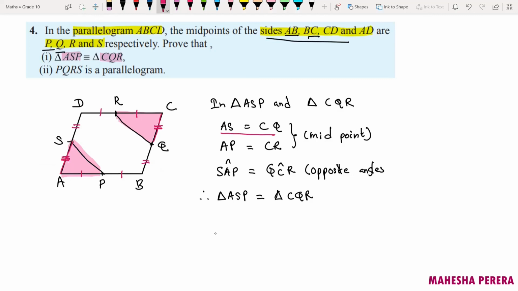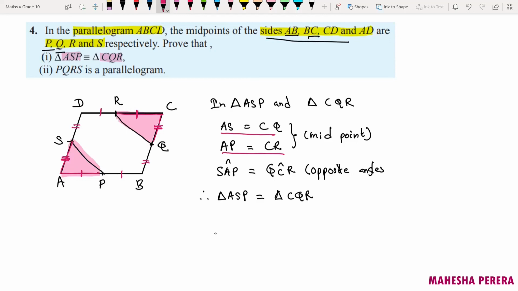And then AP equals CR. AP is here, this length, single line, and again CR is here. So these should be equal. The reason is the midpoint. Because of the midpoint only, these sides become equal.